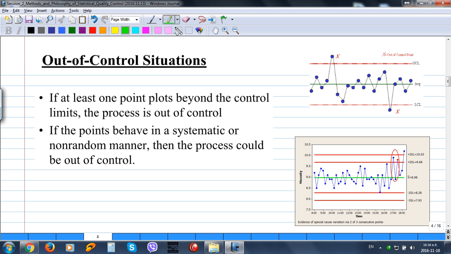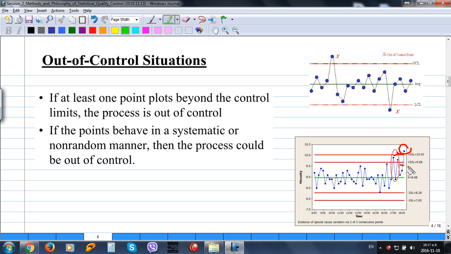Here you can see all the data points are between the upper control limit and lower control limit, but the pattern is not random. There is some systematic behavior here.